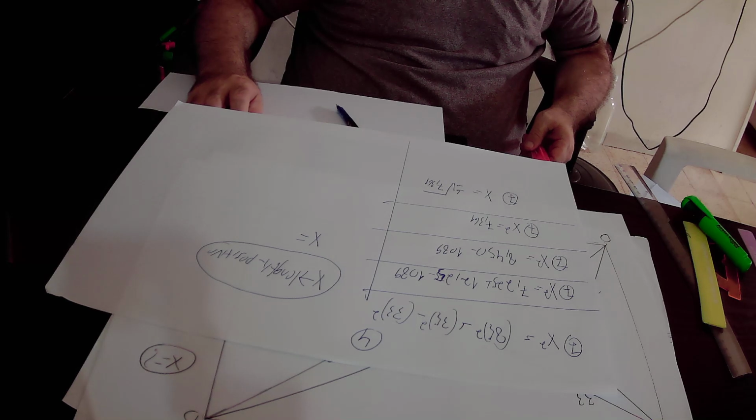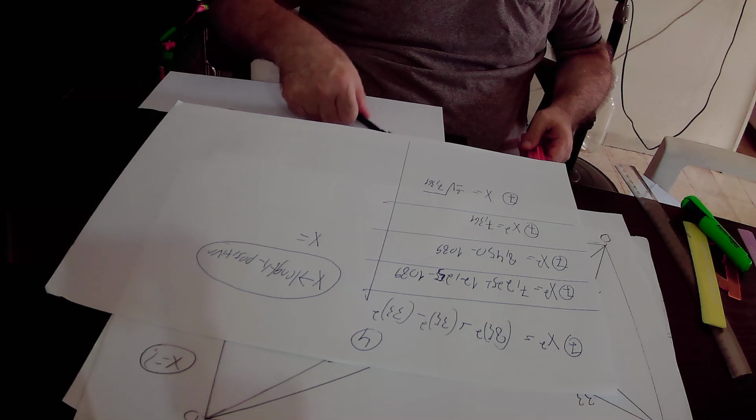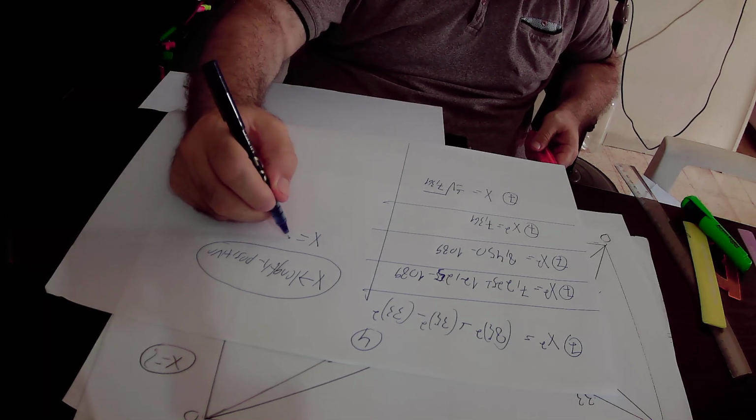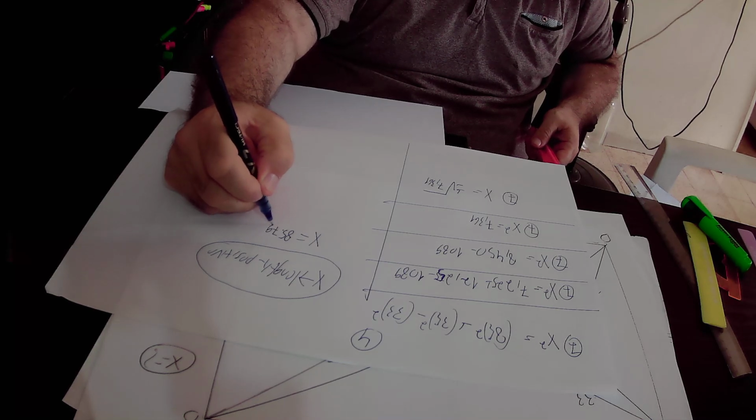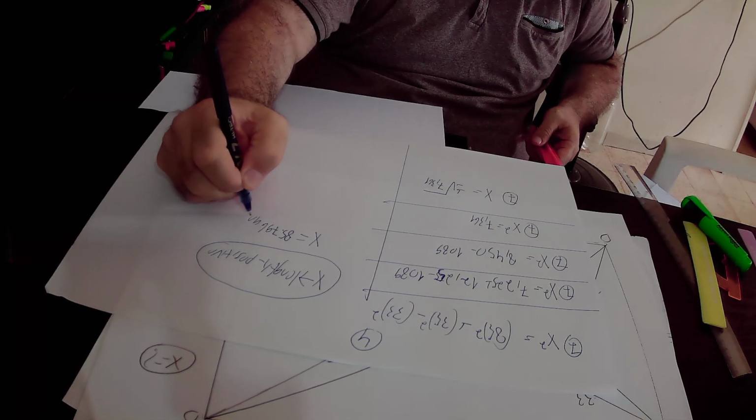that is actually the square root of 7,361, equals 85.796 units.